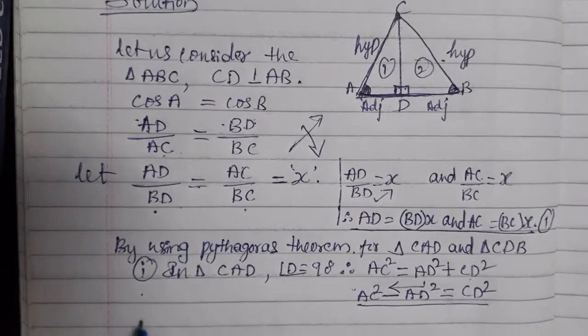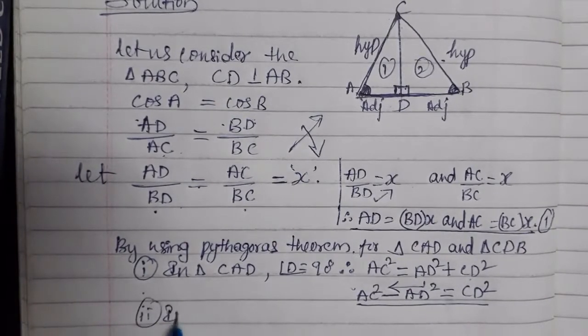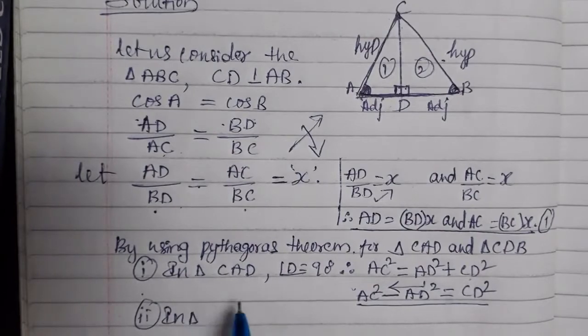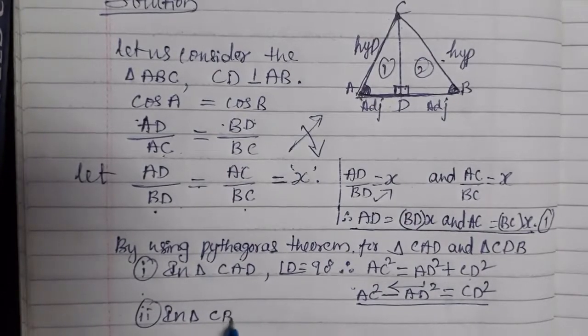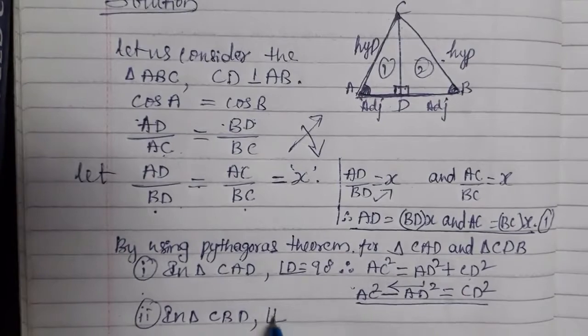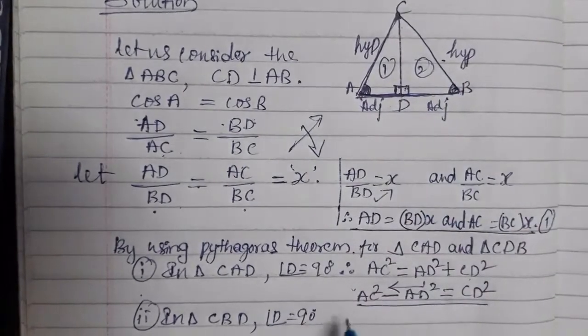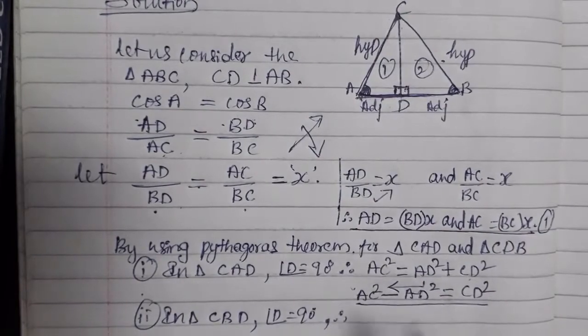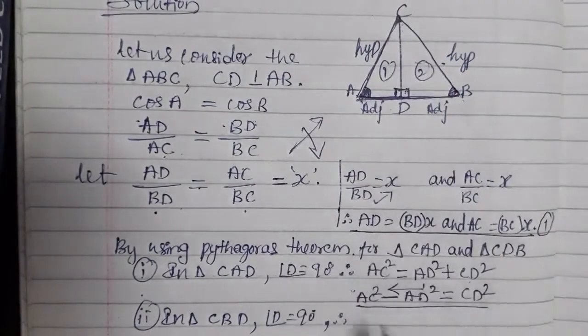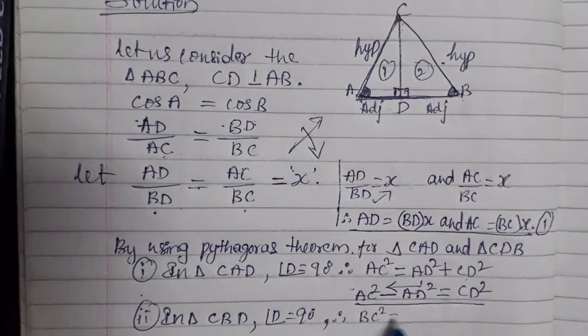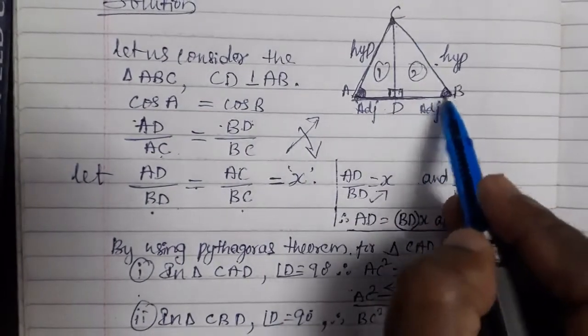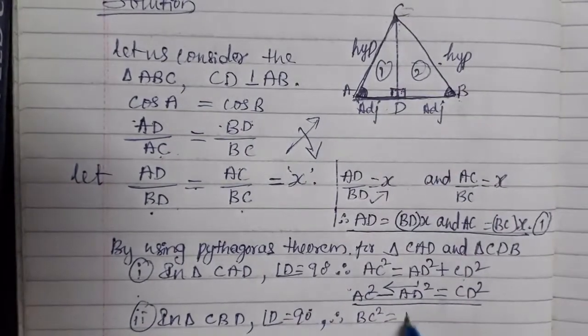We will find the second equation. In triangle CBD, again angle D is 90 degrees. So when you apply Pythagoras theorem, BC square is equal to BD square plus CD square.